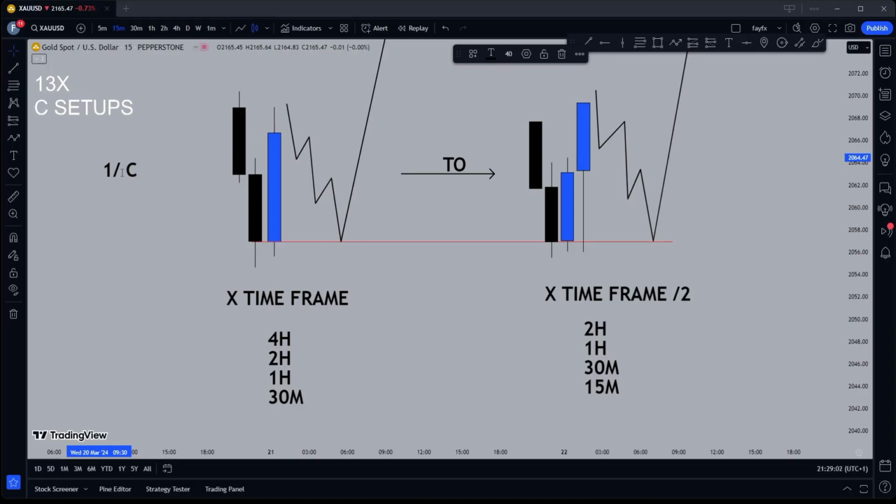Classic, CC. Classic to classic CC. This is setup number 1.